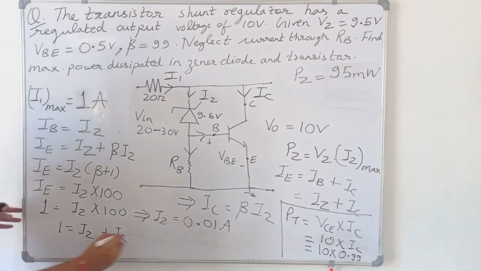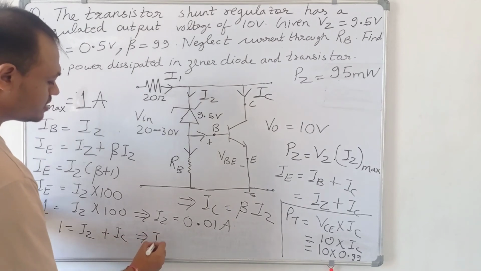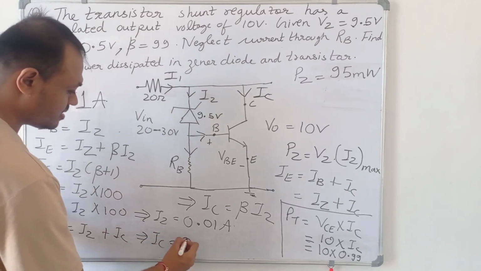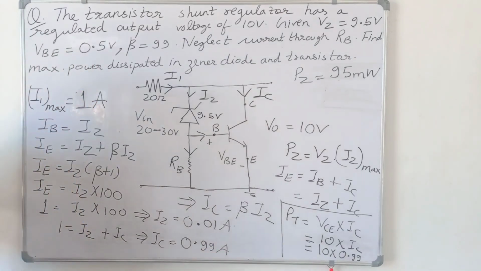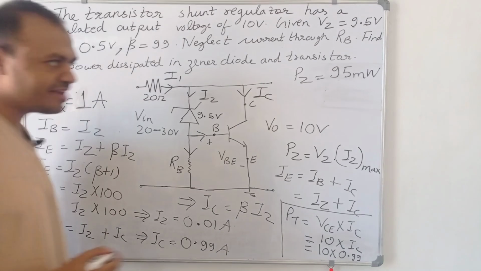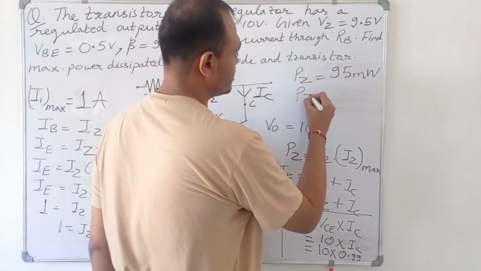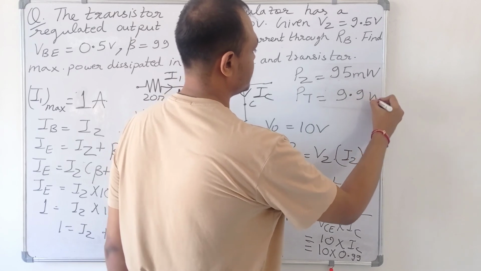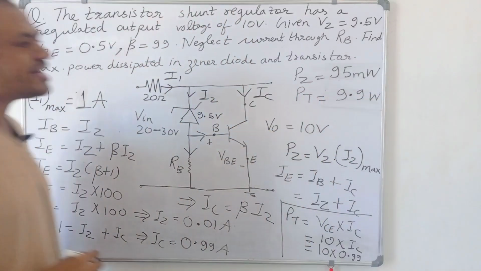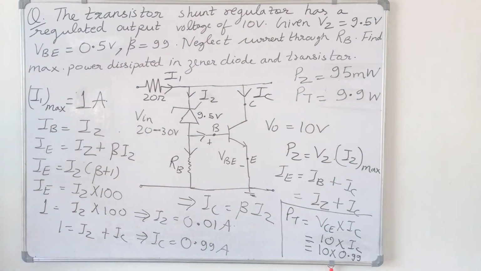So this will be equal to 10 into 0.99. The power dissipated by transistor will be equal to 9.9 watt.